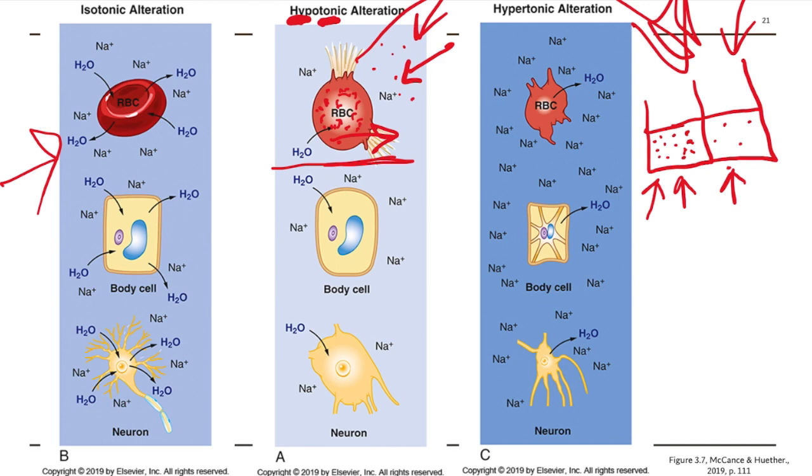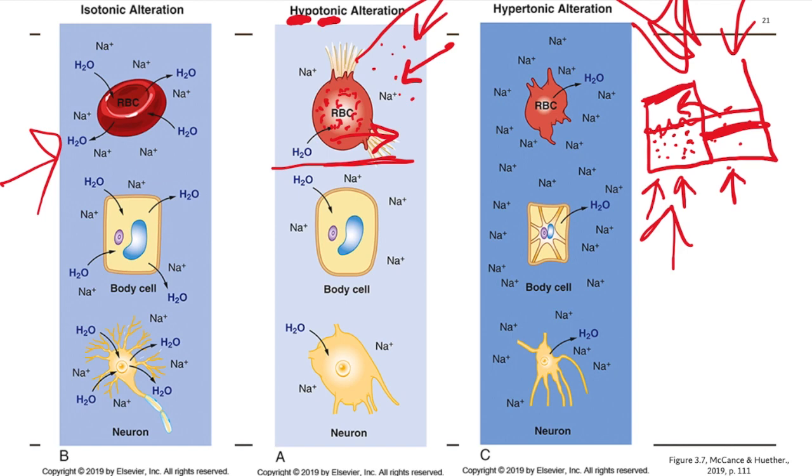So in order to make these percentages equal, we take some of the fluid out of this area of low concentration and push it into the area of high concentration. And so we end up with less fluid here, more fluid here, but the percentage of particles inside that fluid is relatively even.